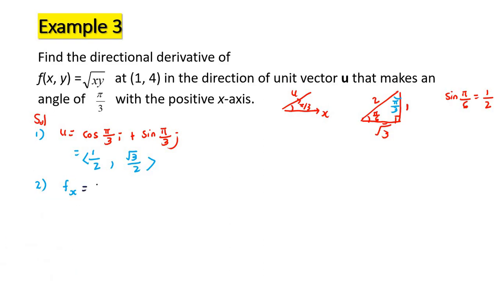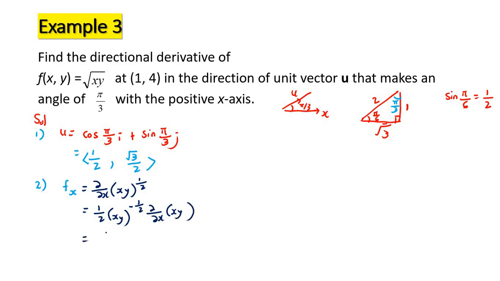So fx: we take del x of (xy) to the power half. Square root is power half, so we have half, and then (xy) to the power negative half, times del x of xy, where y is constant.